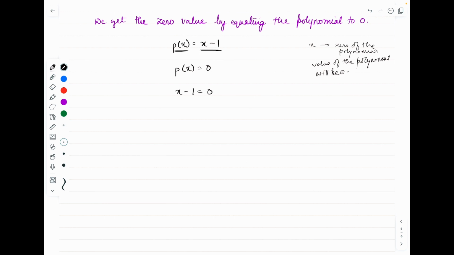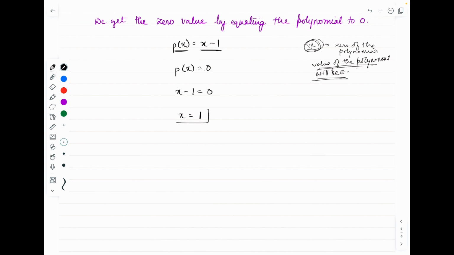But now we need to find that x. The value of x we need. We know that the value of the polynomial will be 0 when x is the zero of the polynomial. So we make the value of the polynomial 0, that is p of x equals 0. p of x is x minus 1 equals 0. Taking minus 1 to that side, x equals plus 1.